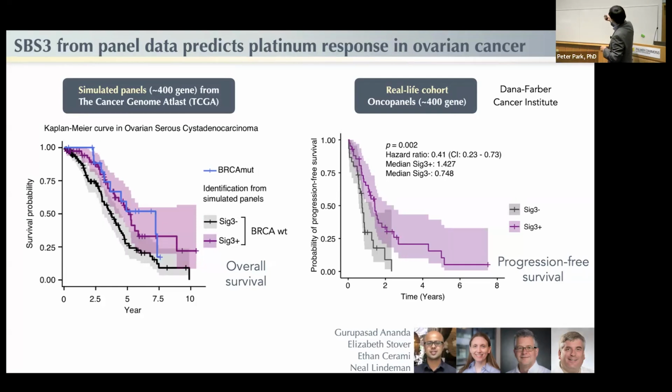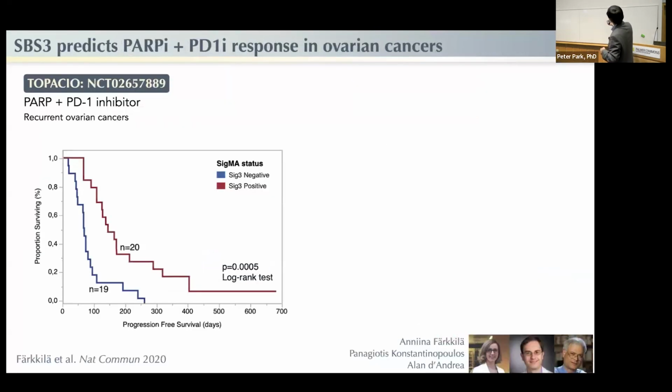So here, in our original study, we showed that BRCA wild type, but signature 3 positive cases have a similar survival profile as BRCA mutant cases, okay? So they're BRCA wild type, but if they have signature 3, they show similar behavior. And we do this for many cancer types.